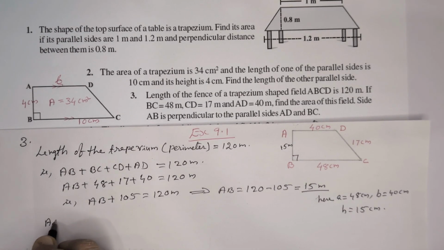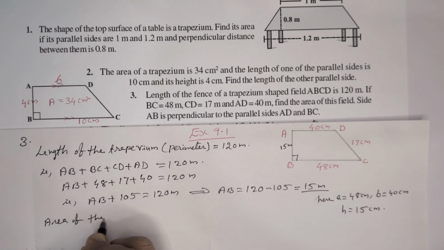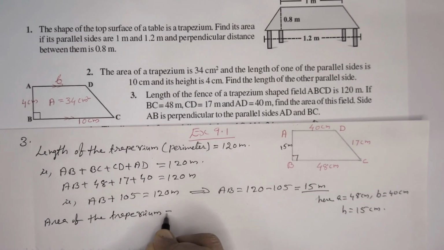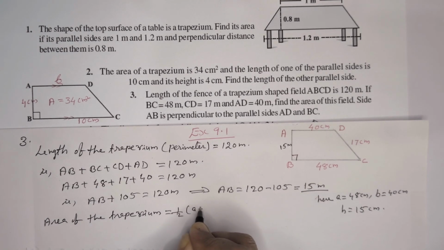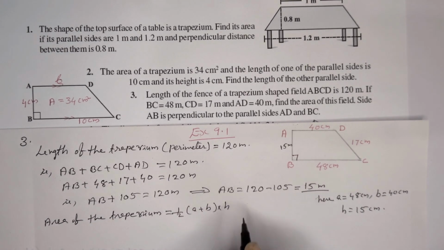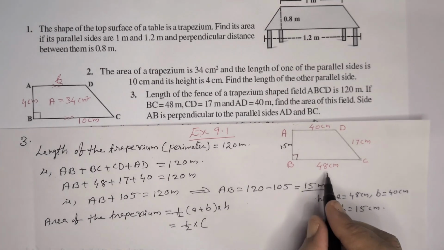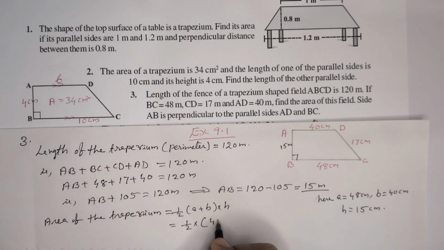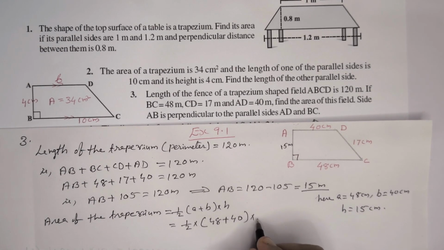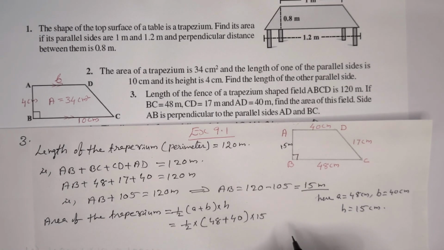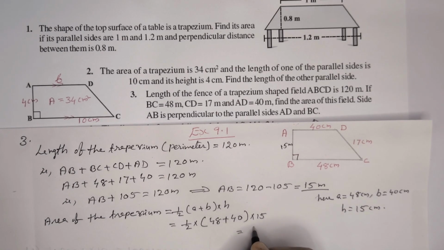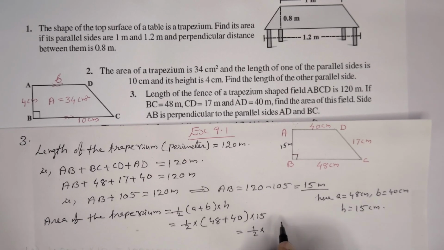Now area of the trapezium is equal to half into (A plus B) into H, which is equal to half into (48 plus 40) into H, which is 15, which is equal to half into 88 into 15.